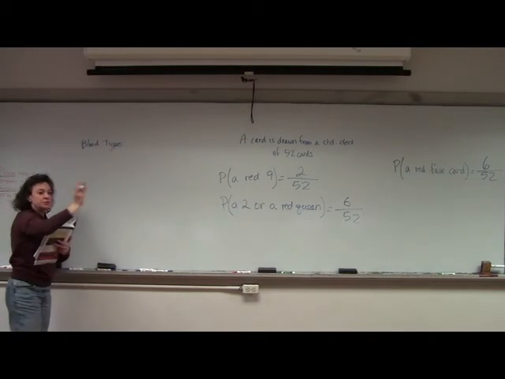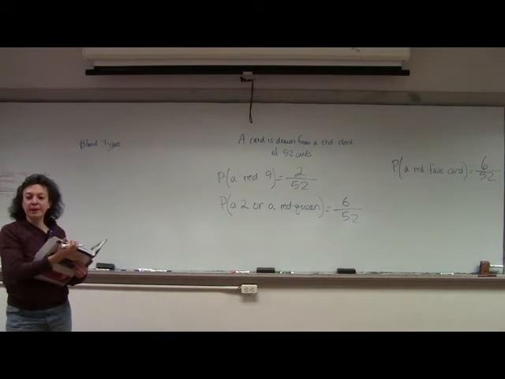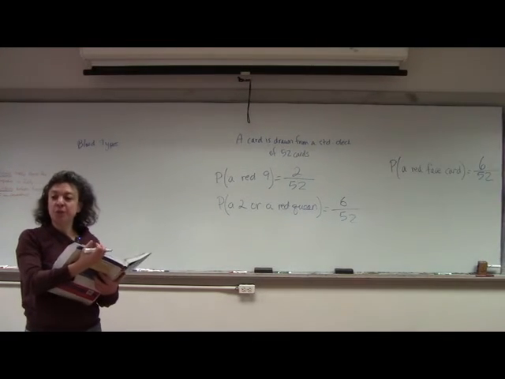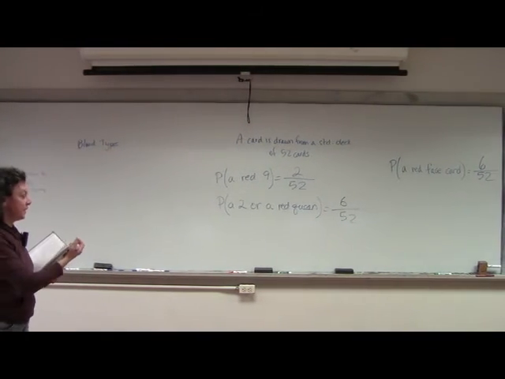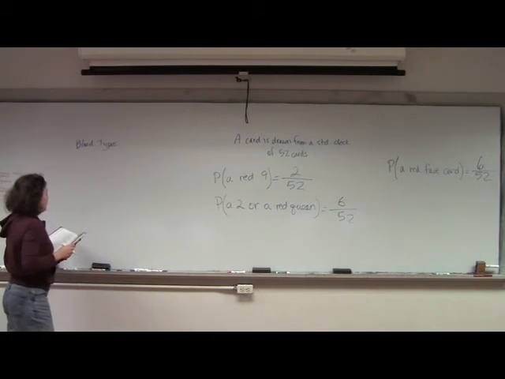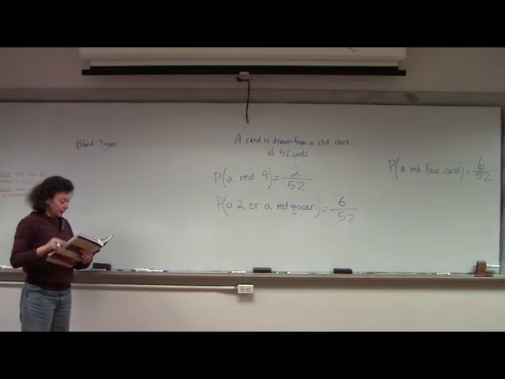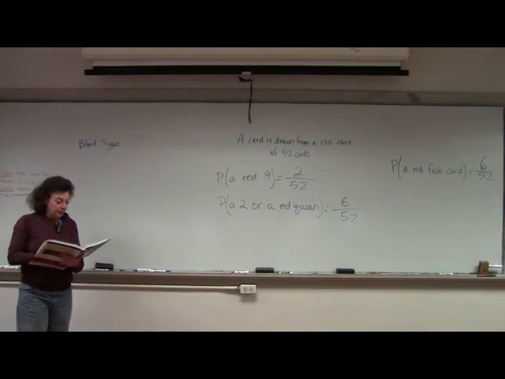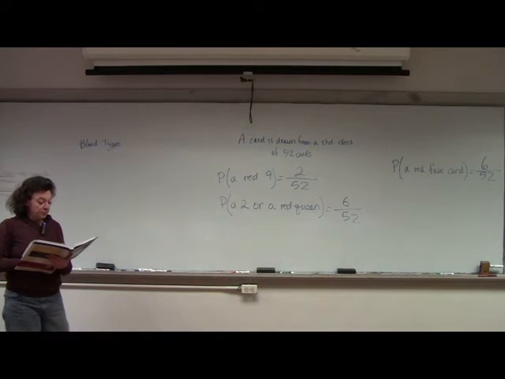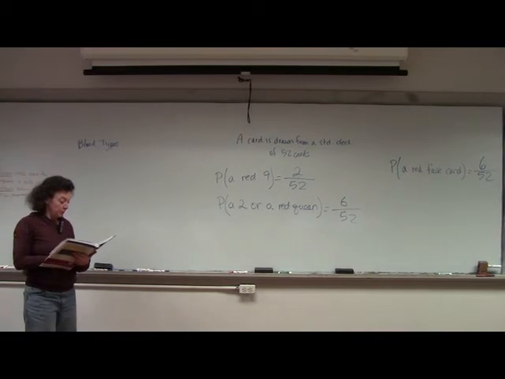I want to do two different types of tables that you might come across and show you how to approach each different scenario. What this problem reads is the following. It says the percentage of the general population that has each blood type is shown in the following table.